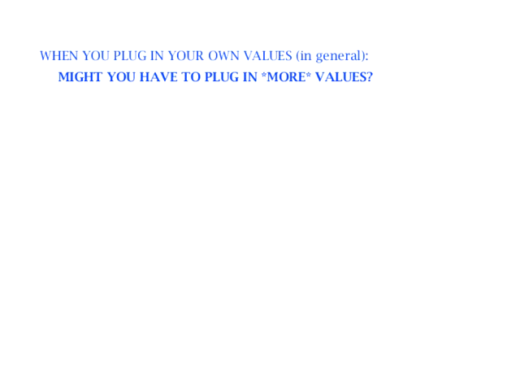Let's go ahead and use your polling here. Give me an A if you might have to plug in more values. Give me a B if no, you never have to. What do you think?